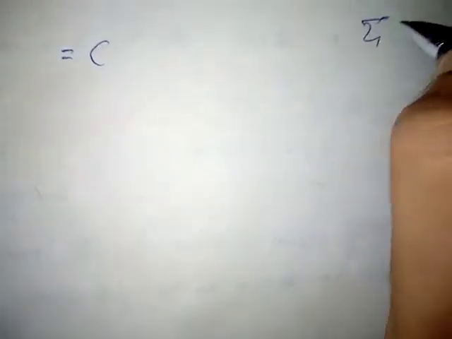Which is equal to, what is summation over i of Nij? Summation over i of Nij is equal to n dot j, which is equal to kj.